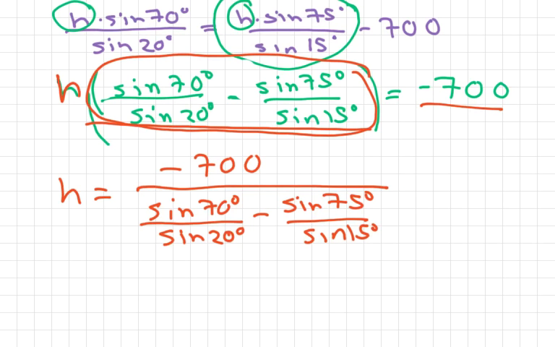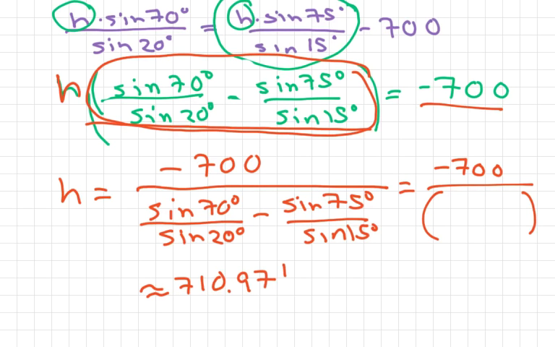When you do this, you might want to just figure this out, put the value there, and then use your calculator. What you're going to get is h approximately equals 710.97 feet. Thank you and have a nice day. Bye-bye.